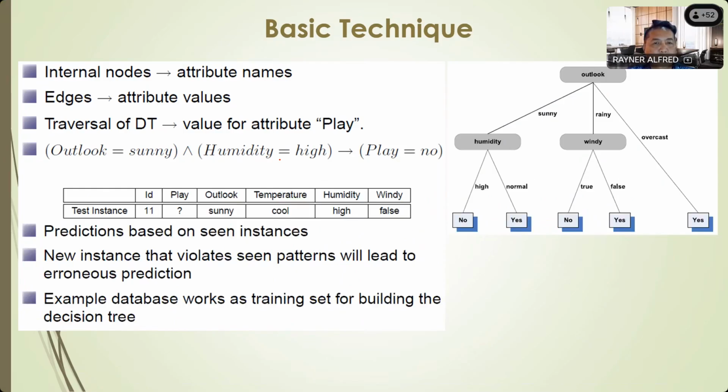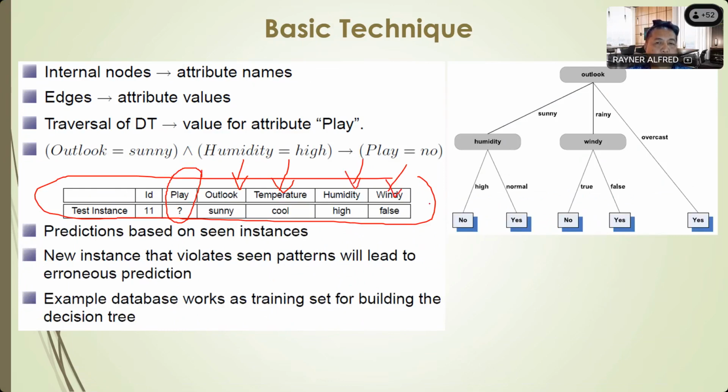Given that we have this data set, we want to decide whether we want to play or not. Depending on the values that we have here, we just plug in the values for the applicable variables. For example, the outlook is sunny, and now we have humidity is high, so we go here. This is the class label that we assign.